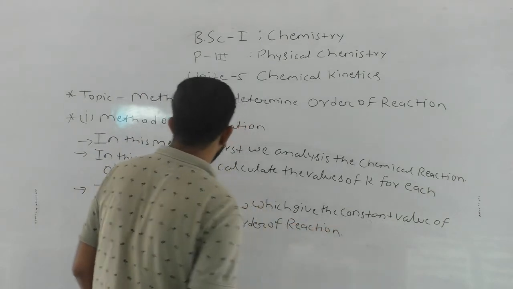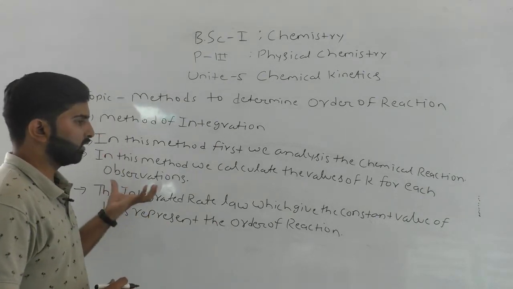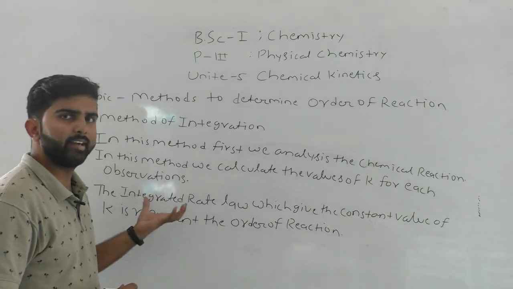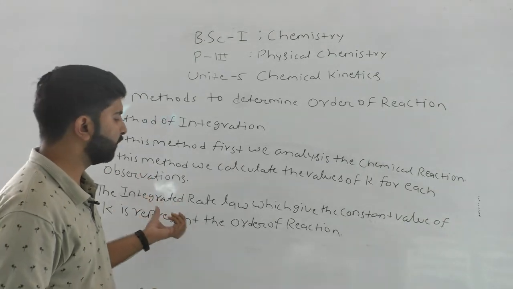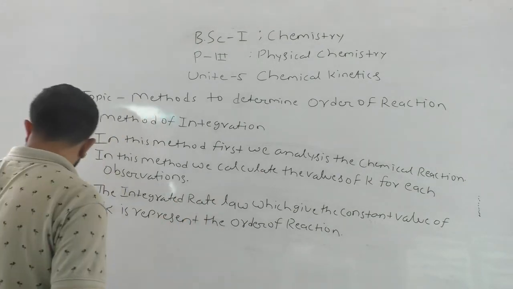So these are the points of this method. First we analyze, then we calculate the integrated rate law which gives the constant values of k is the order of the reaction.